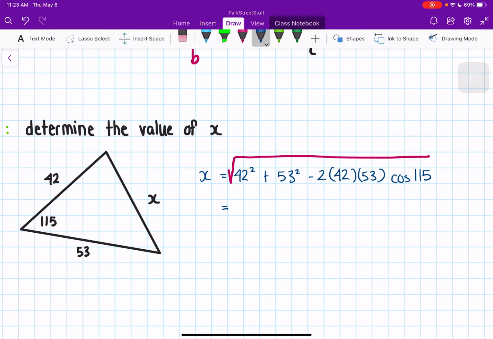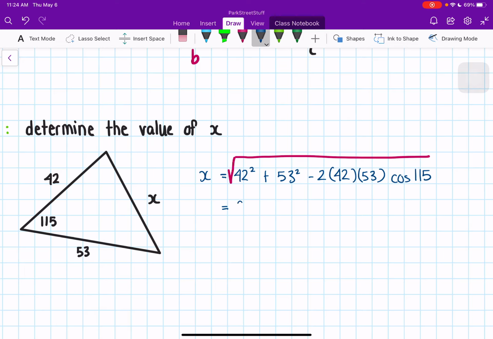So you're going to put in square root and then enter everything else, 53 cos of 115. And that gives us our answer. And so because everything was in whole numbers, we will keep this as whole numbers.